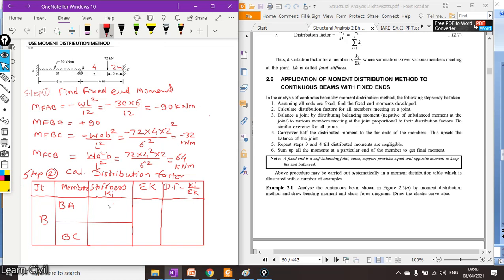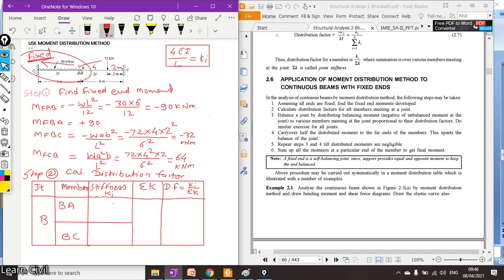Now the stiffness Ki for member BA is given by 4 EI upon L, because for this span BA, if we consider joint B, then the far end is fixed.